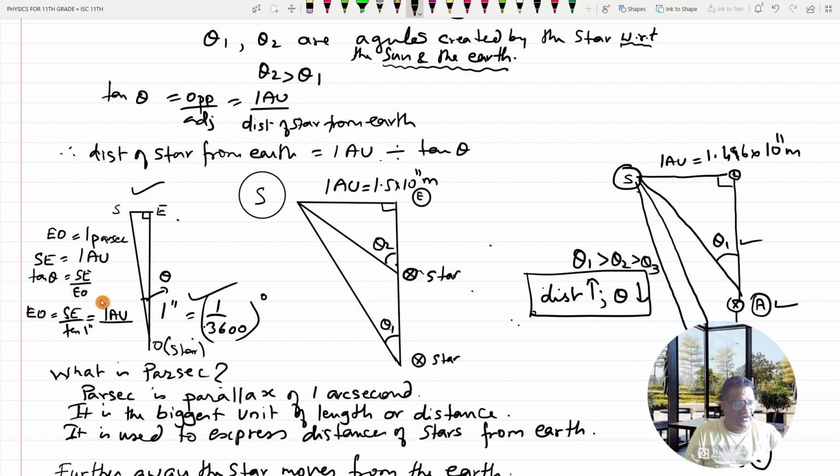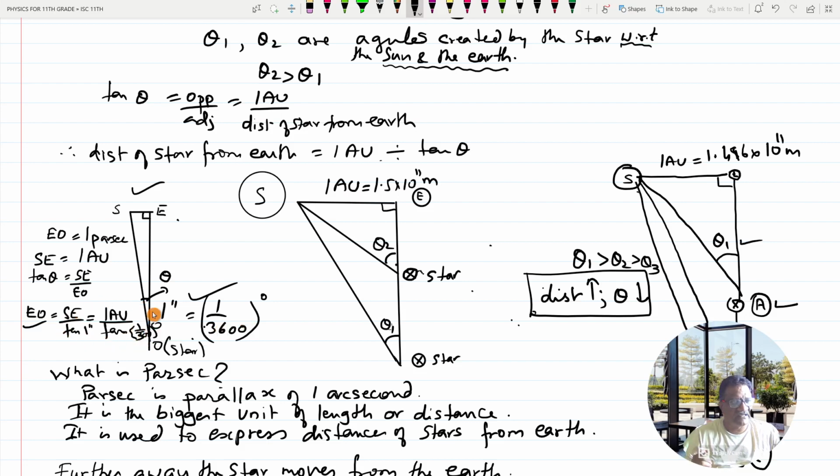Okay. Now we are interested in this EO. So if you rearrange this, EO will be equal to SC upon tan of 1 second. So SC is 1 astronomical unit and tan of 1 second. Now in trigonometry, you have to take the angle either in degrees or radians. So 1 second, if you take it in degrees, will be 1 upon 3600 degree.